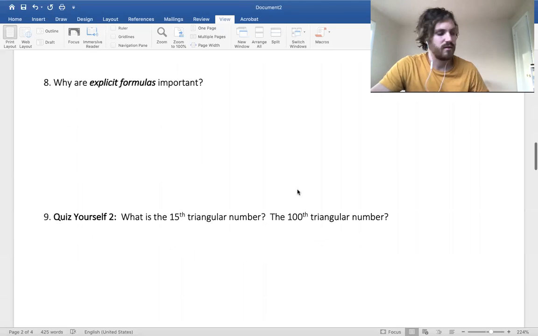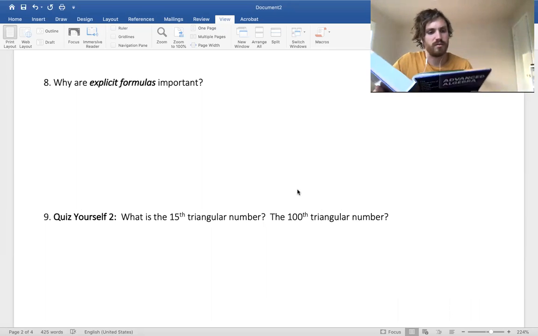So why are explicit formulas important? Let's read what the book has to say about that. It says, many sequences can be described by a rule called an explicit formula for the nth term of the sequence.